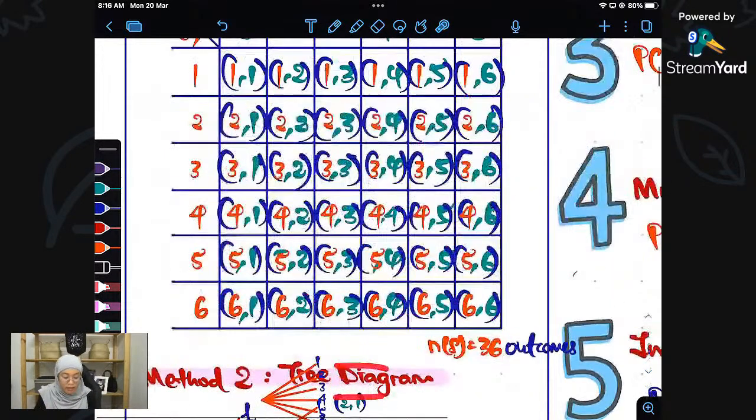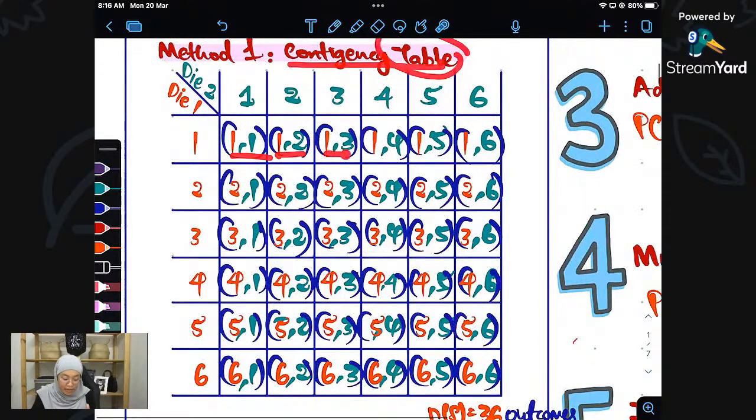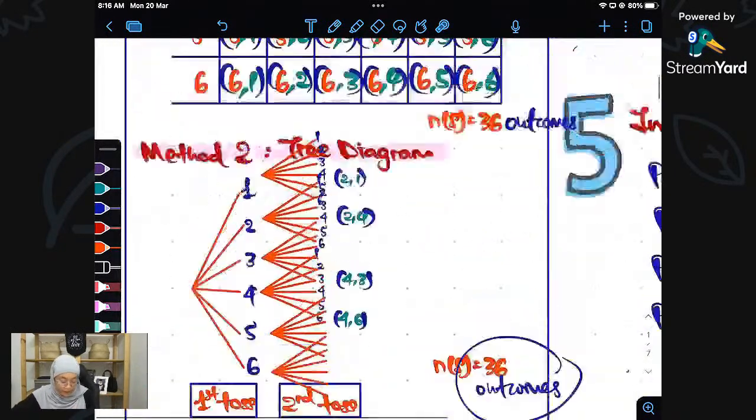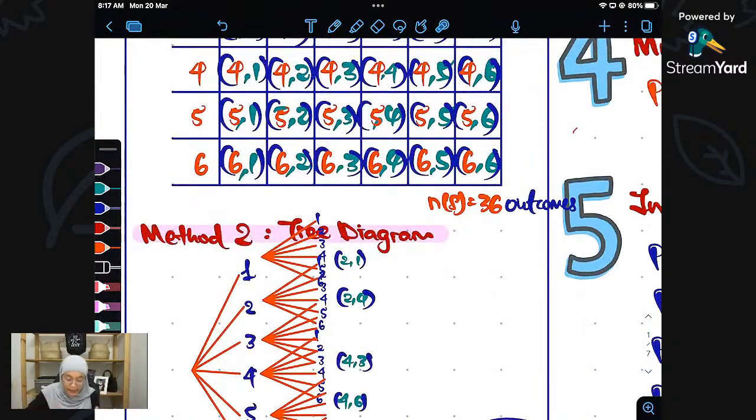So I suggest if it's about 2 dice, use a table, it's easier for you to write down the list of outcomes that are going to happen in the real world. Sometimes it's easier to use a table, sometimes it's easier to use a tree diagram.